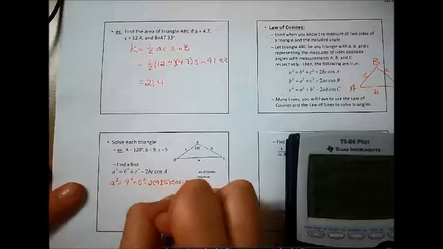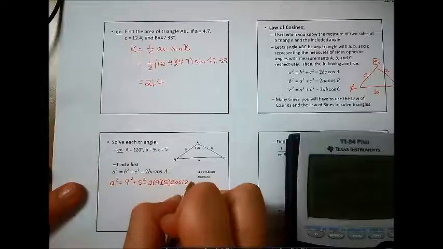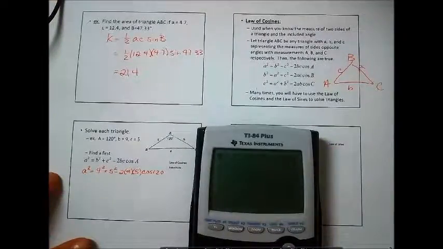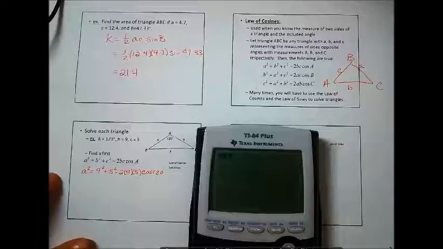And you can stick all that in your calculator. So let's clear that out. 9 squared plus 5 squared minus 2 times 9 times 5 times the cosine of 120.